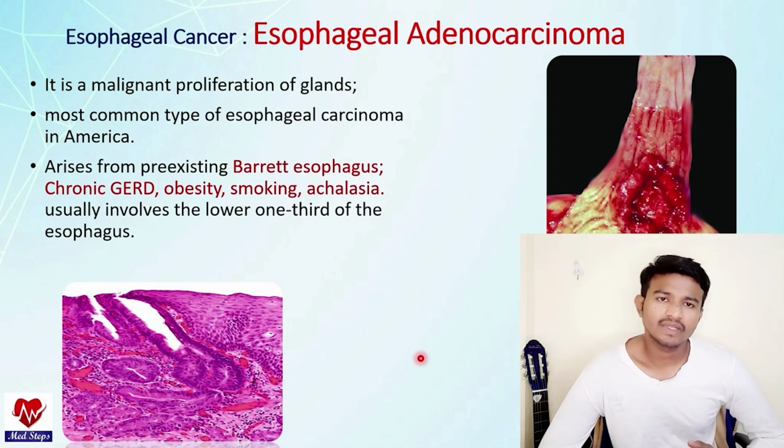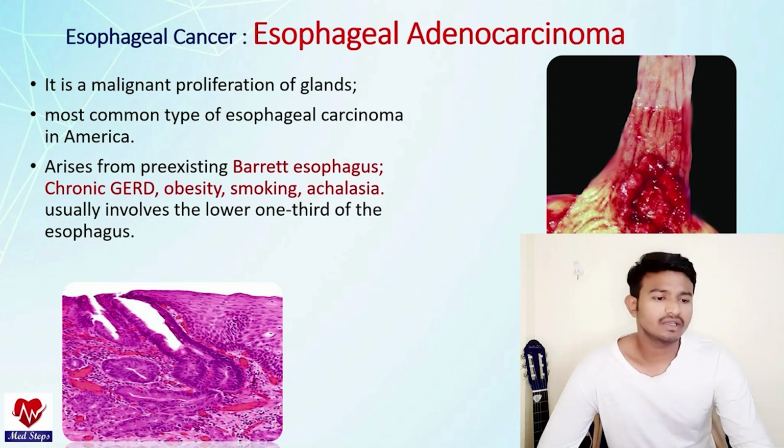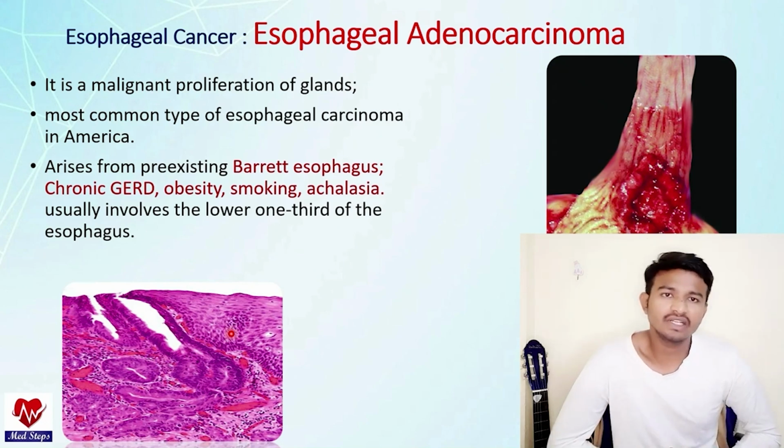Usually it's present in the lower third of the esophagus, that means the distal part. In the outer structure of the esophagus, you can see this type of structure, right? In the biopsy, you can see this type of cells. This is adenocarcinoma of the esophagus.